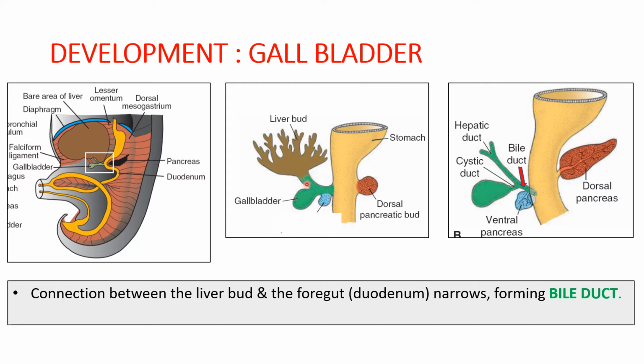The duodenum part. This connection gradually narrows, and when it narrows, what will it form? It will form the bile duct. So this connection between the liver bud and the foregut duodenum part is going to form the bile duct.